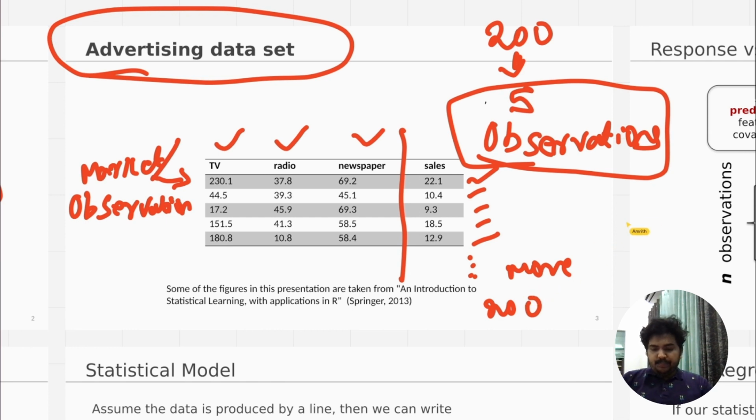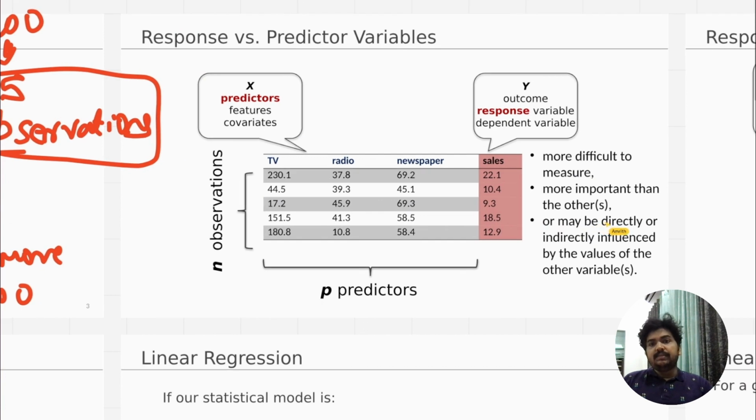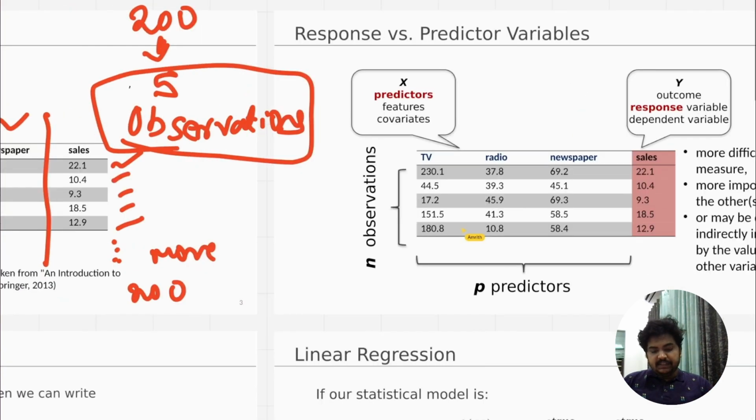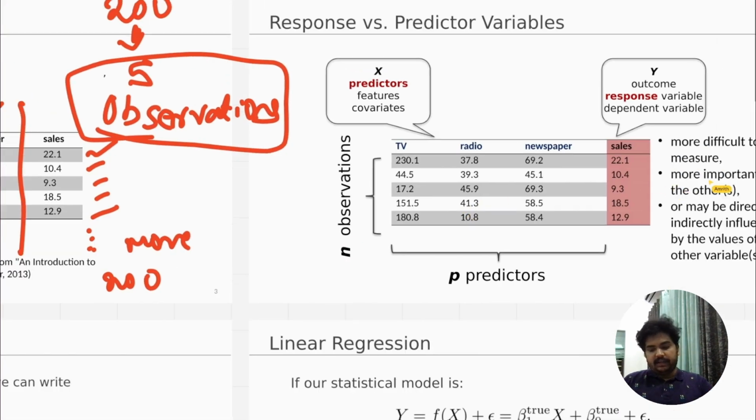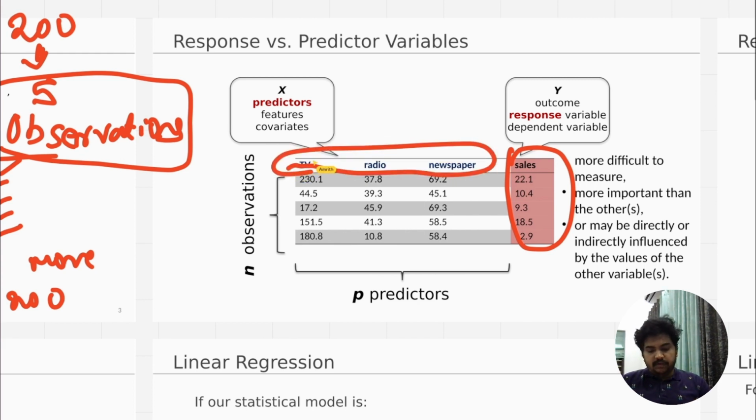So now if you see here, there is an asymmetry in many of these problems. From the description of the dataset itself, you might have already figured out that we have to predict the variable called sales based on the spend the company does on different media for advertising.